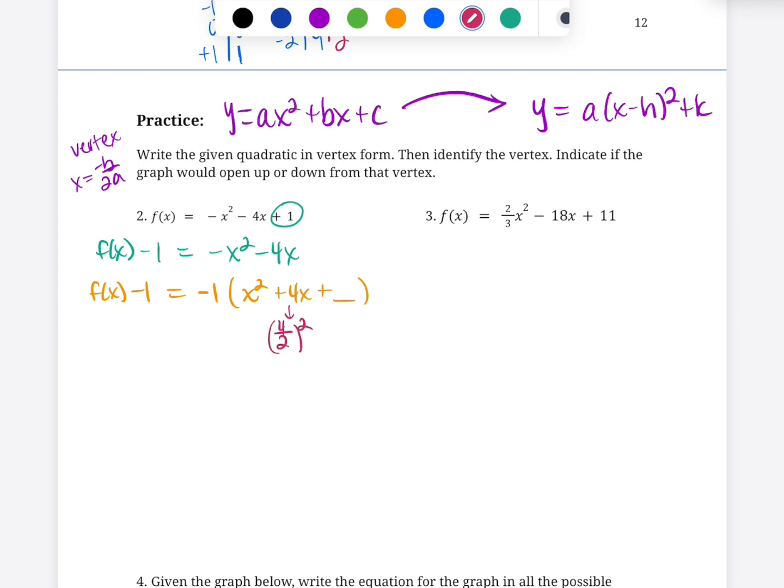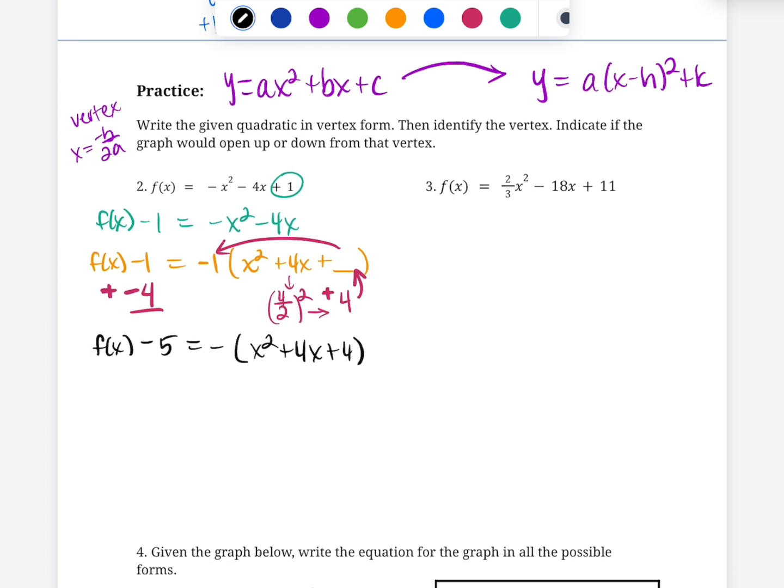2 squared is. And that is 4. So I'm going to add 4 into these parentheses. But when I do that, that number is getting multiplied by -1. So I'm really adding -4. So at this point, I have f of x minus 5 equals negative x squared plus 4x plus 4.